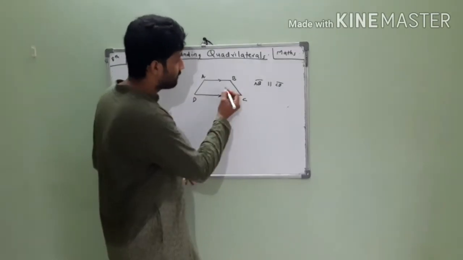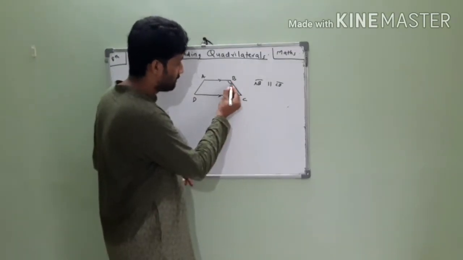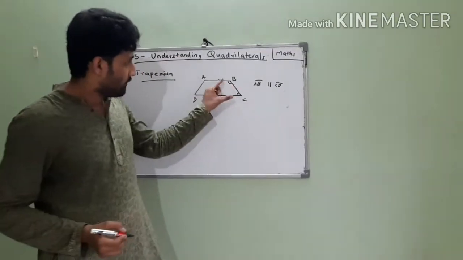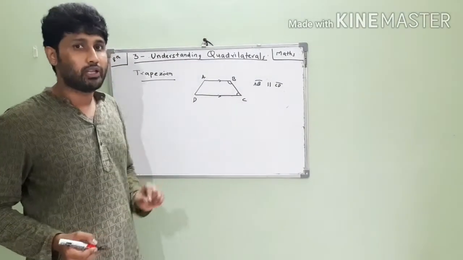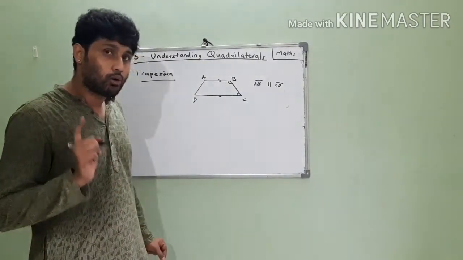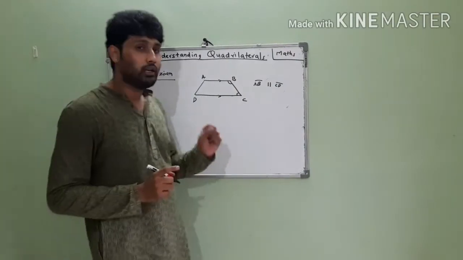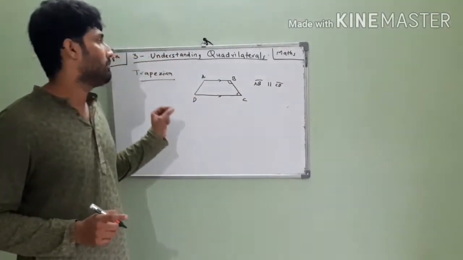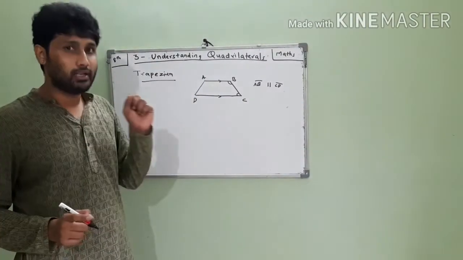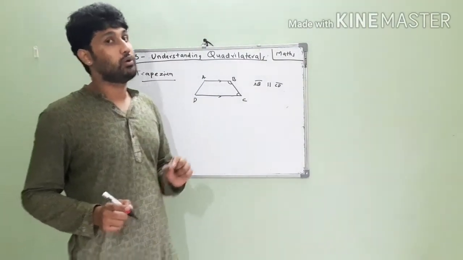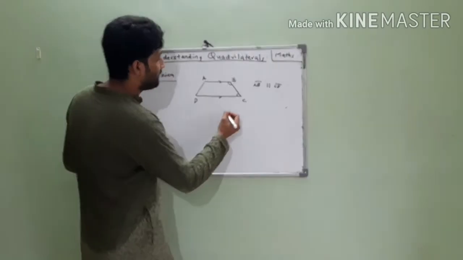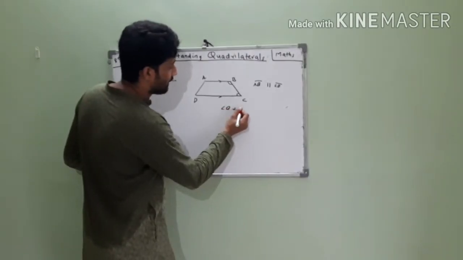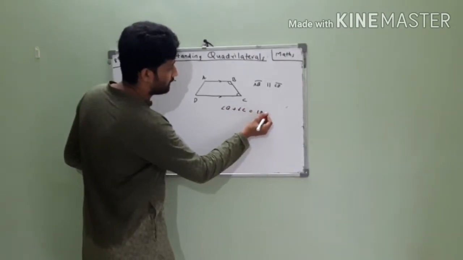Also remember that angle B and angle C, if you add these two angles, you will get 180. Think about why. The hint is you have to use the concept of transversal. Think about the concept of transversal and tell me, I will be asking you in the evening, why is angle B plus angle C equal to 180 degrees?